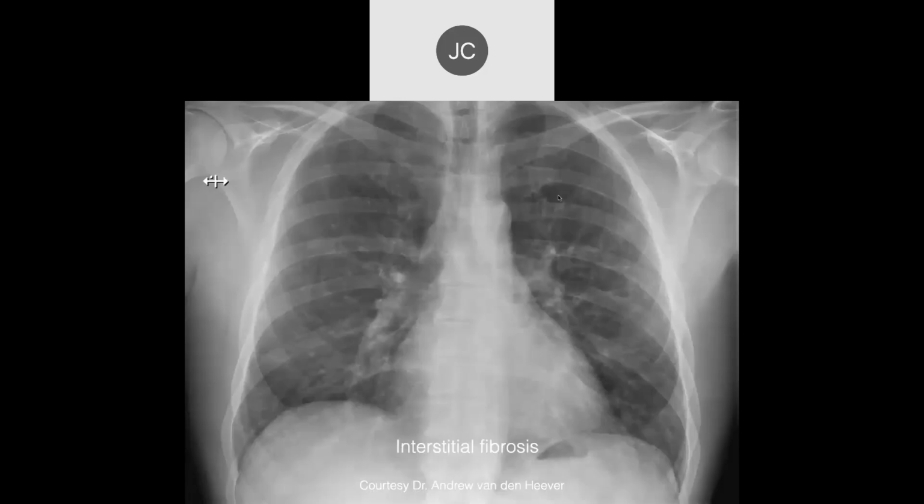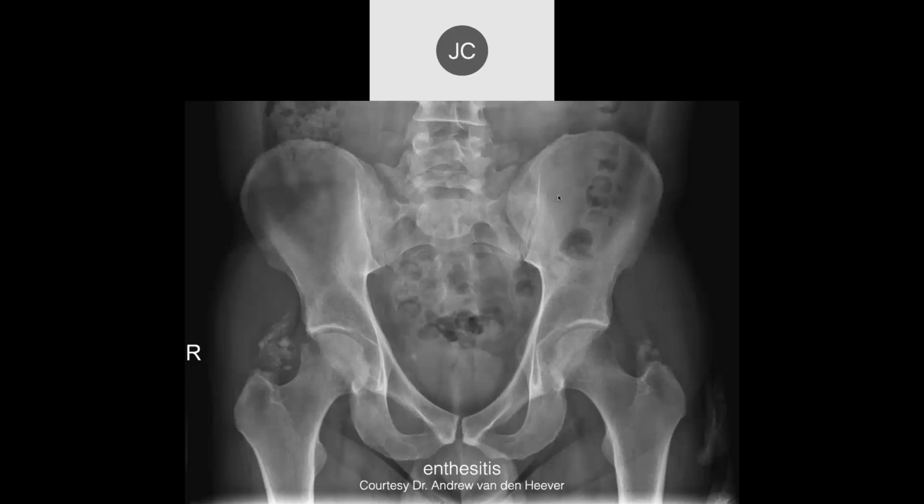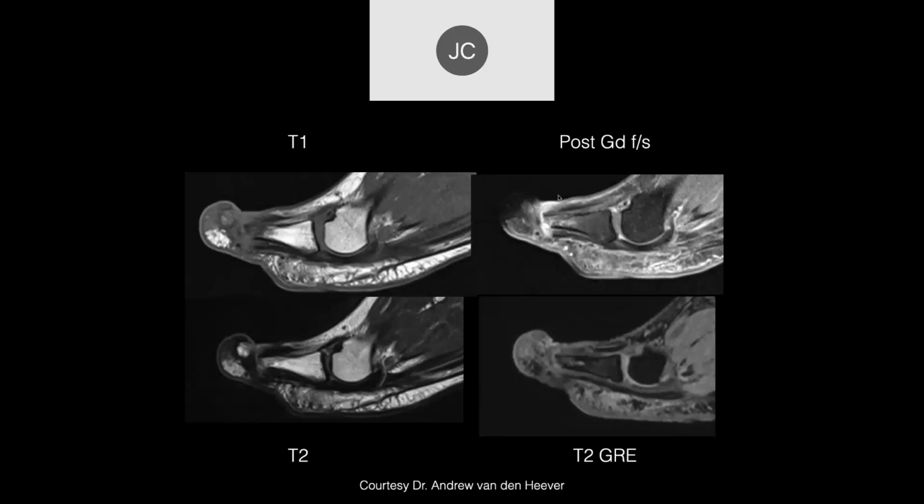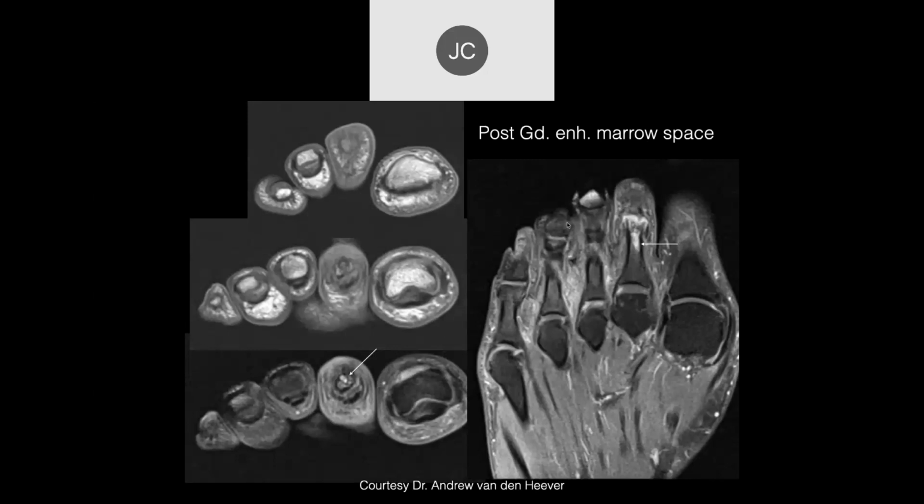Patient also had interstitial fibrosis, other areas of soft tissue calcifications. And here we can see a lot of bone disease. Almost looks like a fracture, but those are erosive changes.